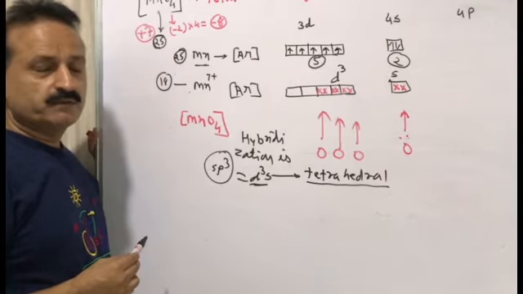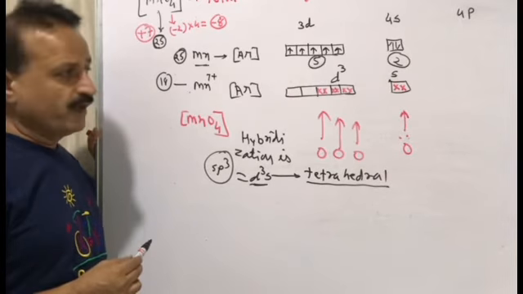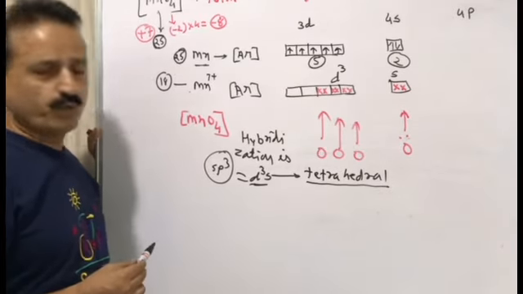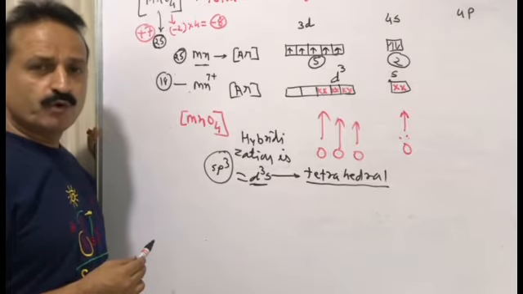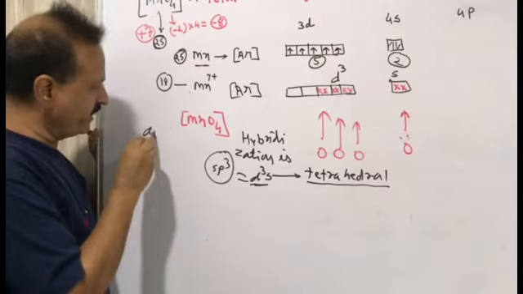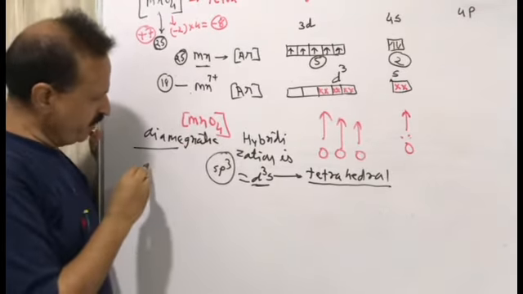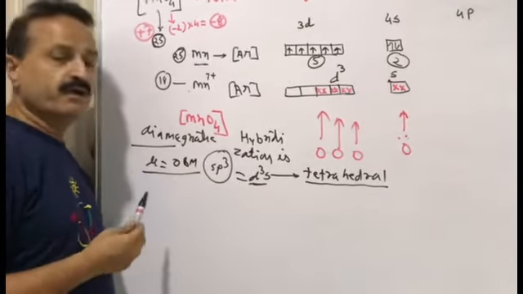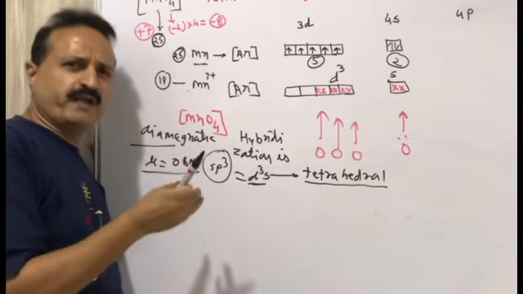Kindly try to understand, this is most important. Now do we have any unpaired electron? No, there is no unpaired electron. So the magnetic property is diamagnetic, and the value of mu will be 0 BM because there is no unpaired electron after completing the complex ion.